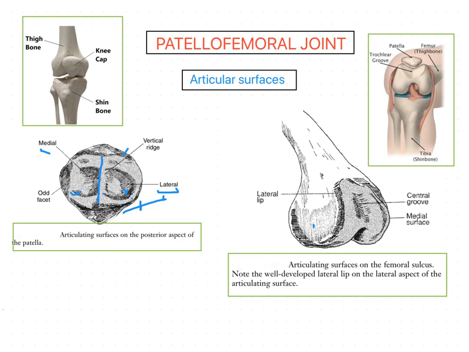At least 30% of patellae also have a second vertical ridge on the medial aspect, towards the medial border, separating the medial facet from an extreme medial edge known as the odd facet. This is called the odd facet of the patella.